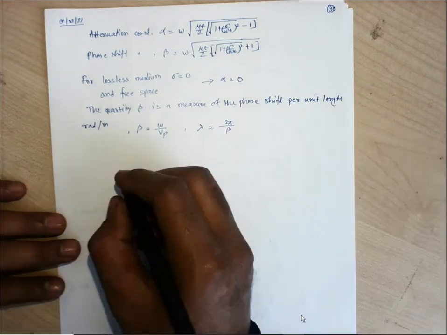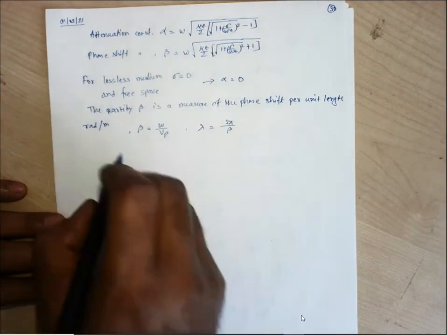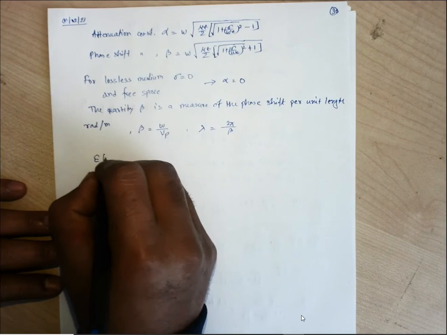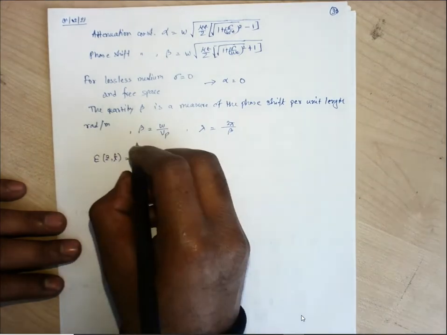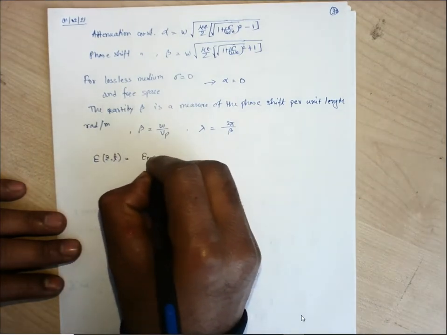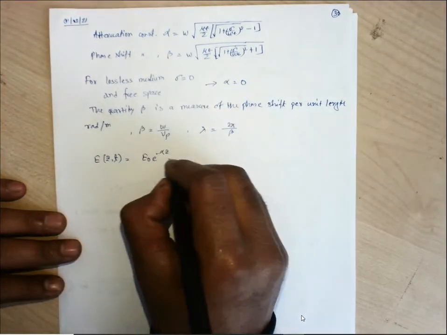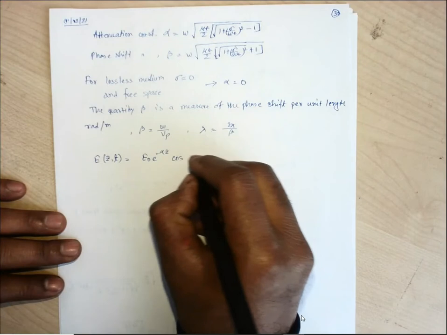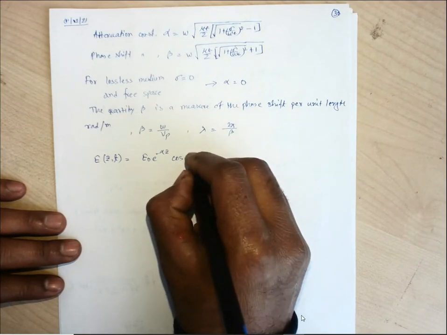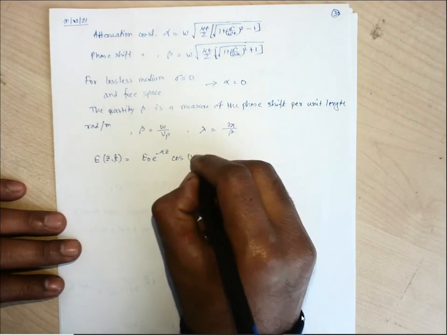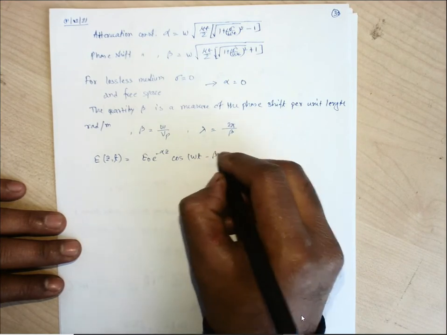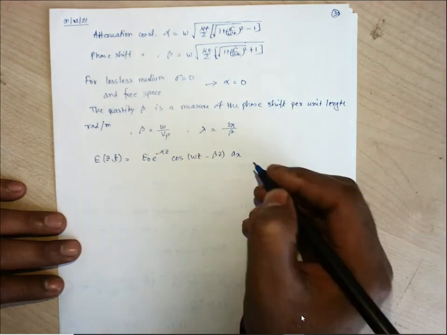Now the expressions which we have derived for the electric field and magnetic field were like this: E equals E naught e to the power minus alpha z, by considering a lossy medium, cos of omega t minus beta z, let us consider it has the x component.